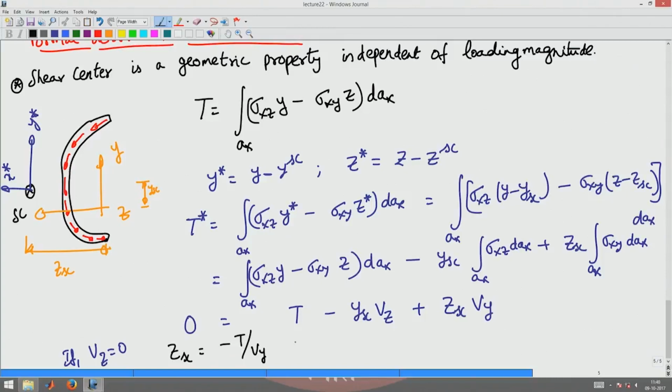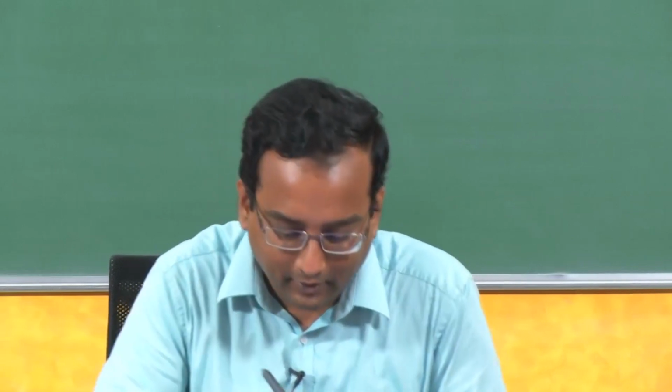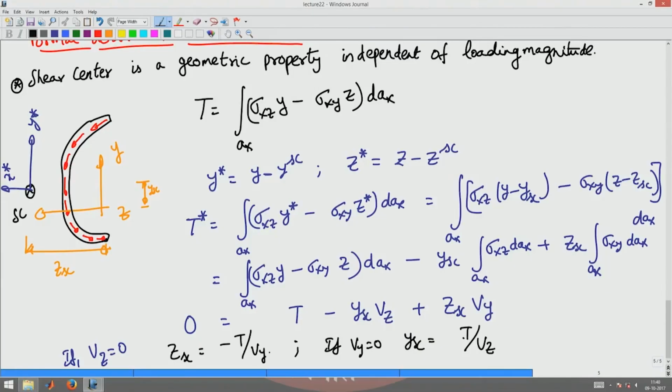Similarly, if Vy is 0, that is it's bending about the other direction alone, which we will see subsequently, ysc would be given by T divided by Vz. Here the positive direction of T is anti-clockwise moment is positive. Only then from right hand thumb rule you will get the positive x direction. So that is why you have minus T by Vy as zsc. So this is how you find the shear center.